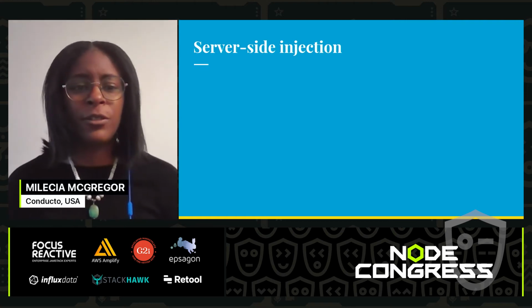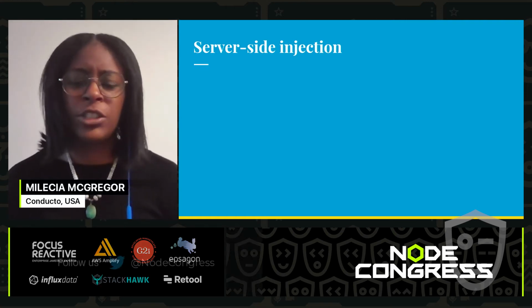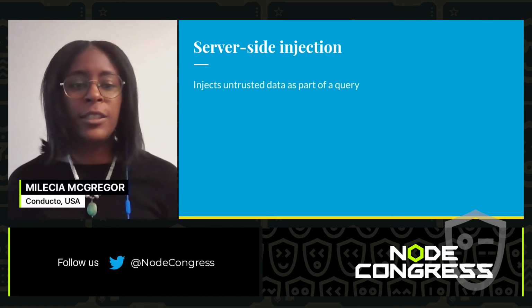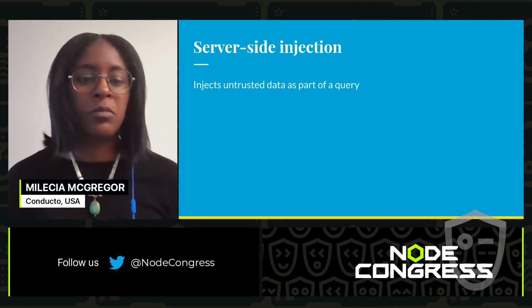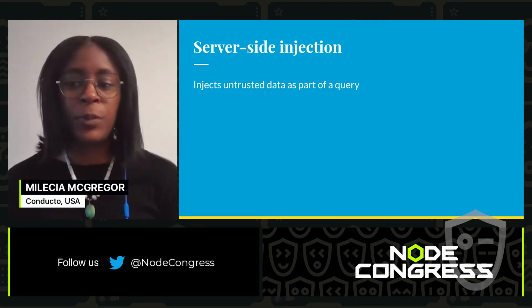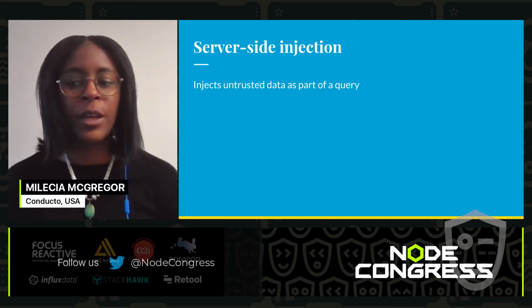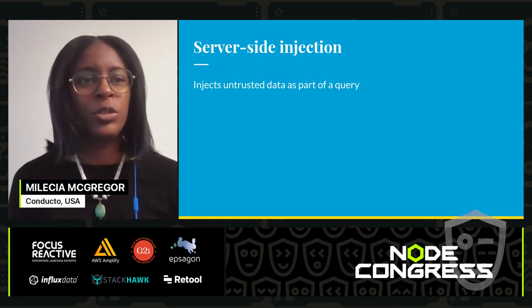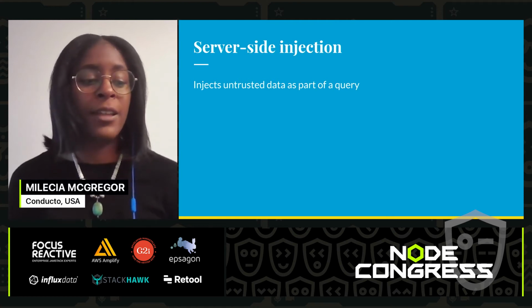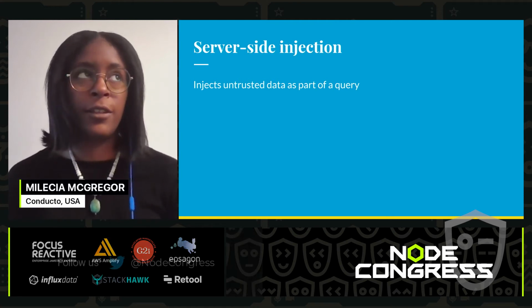Now let's talk a little bit about the server-side injection attack. This is when an outside party can inject data as part of just a simple query. This happens when you're able to submit bad queries in forms.